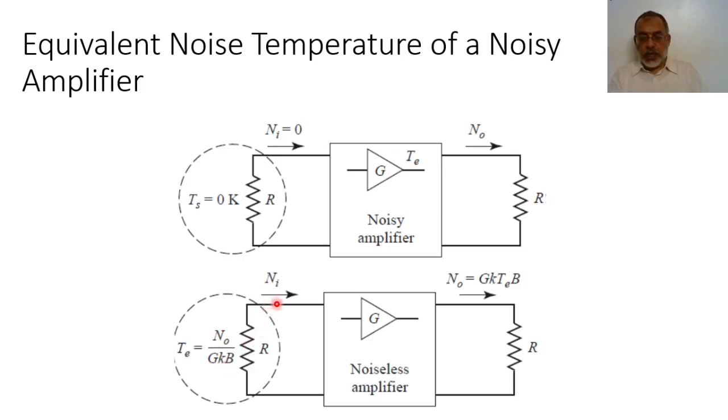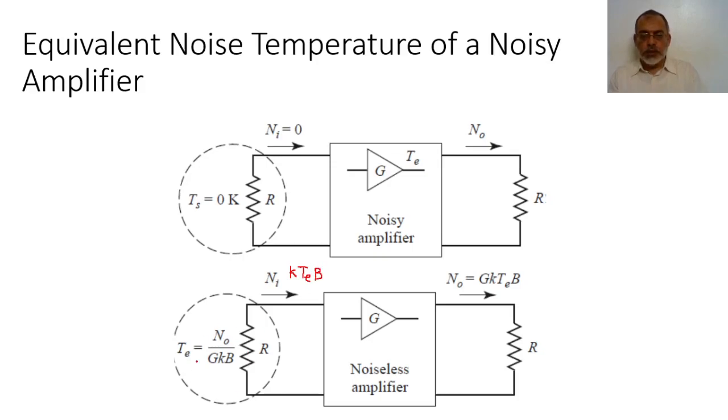So the input noise here, in this case, would be K multiplied by T effective, or T equivalent, multiplied by the bandwidth.